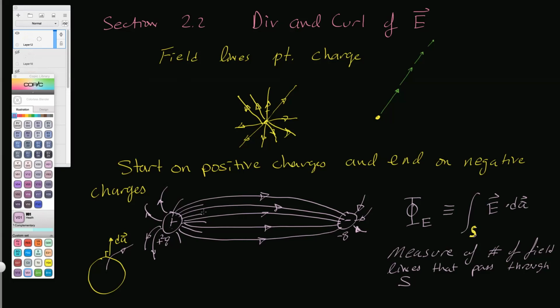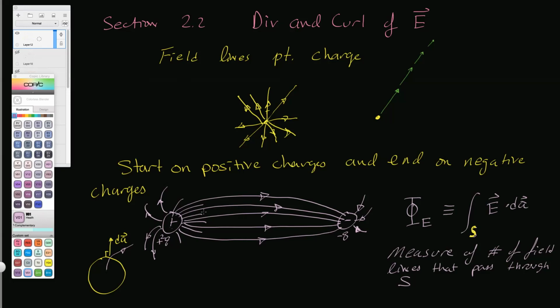Half of the lines from the plus 2Q will end on that negative Q that's inside, but the rest are going to go out and end on some other charge, who knows? Think of a negative charge at infinity. So it's a measure of the net charge inside the surface, isn't it? Because you could have other charges inside. If they don't match up perfectly, all the lines won't end on the negative charge to cancel out all the positive charges.